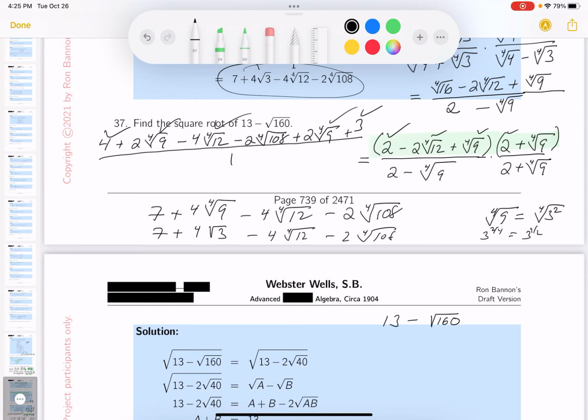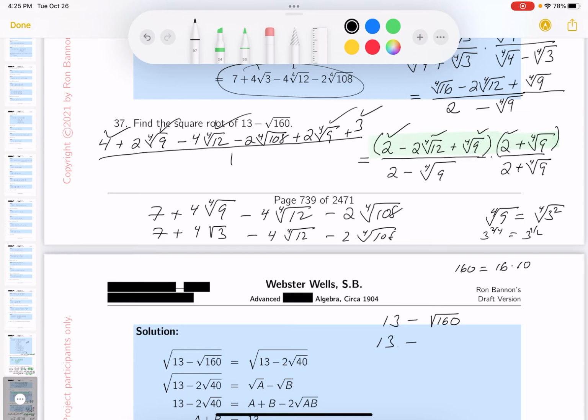Now, before I do that, I want to clean it up a little bit. I'm going to say it's 13, and the 160 is too big for me, so 160 is actually 16 times 10.